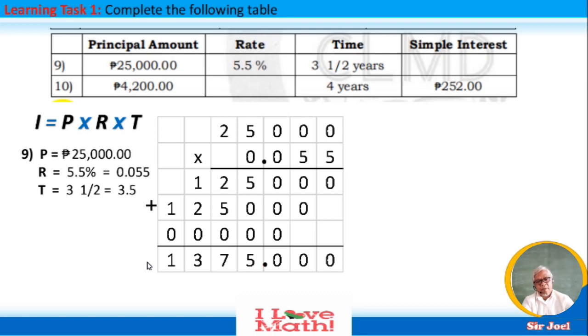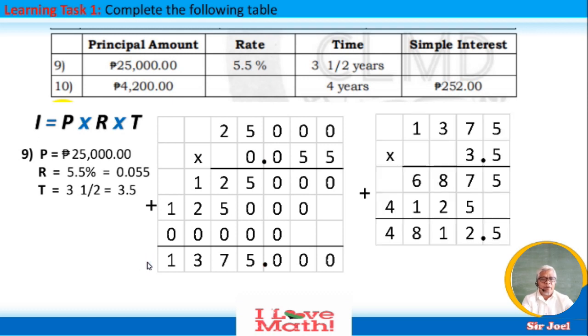Kaya, ang sagot natin sa baba is 1375.000. So, ito ay dun pa lang sa principal amount times the rate. Now, let us continue. 1375, tinanggal na natin yung 0.000 para hindi tayo mahirapan kasi 0 lang naman yun, yung nasa huli.